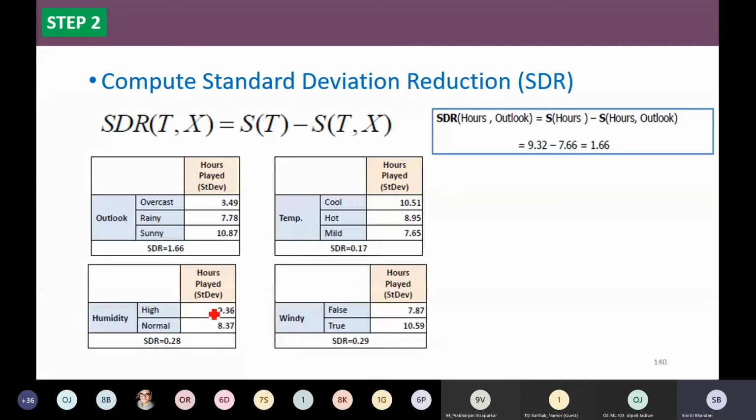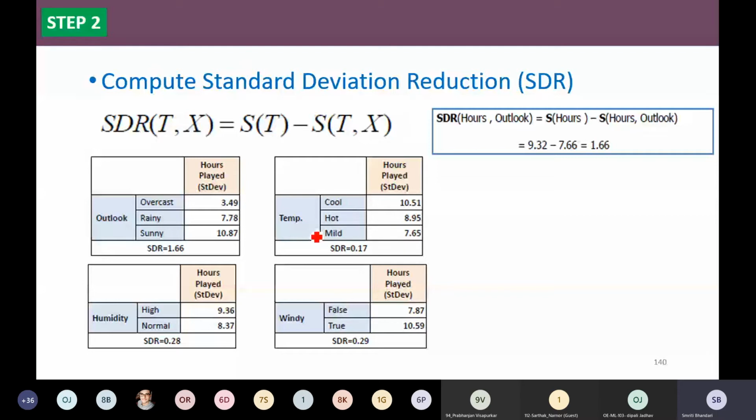For humidity, we have computed these values, and for windy, we have computed these values. So these 3 tables are also prepared using the same kind of computation that we have seen for outlook.